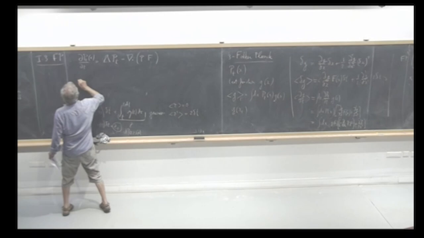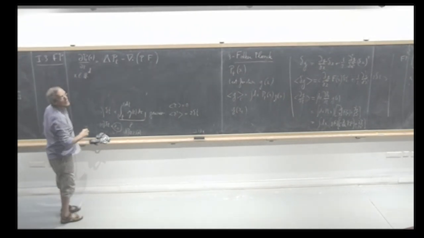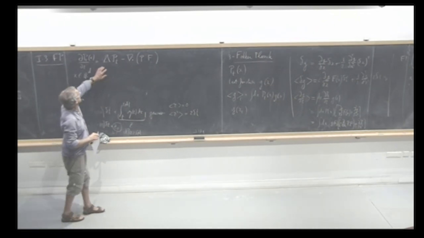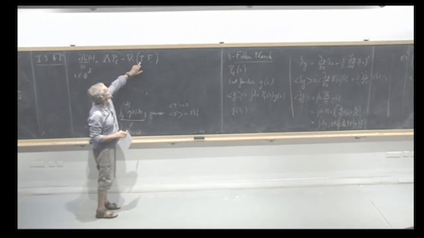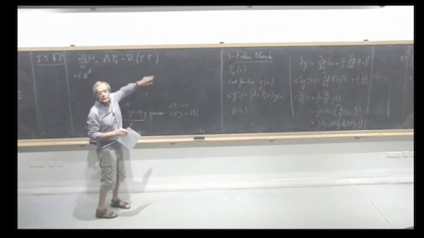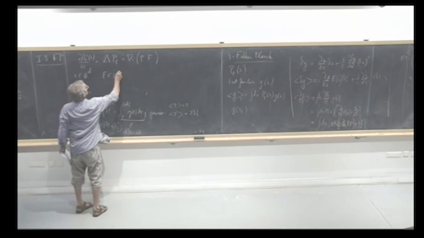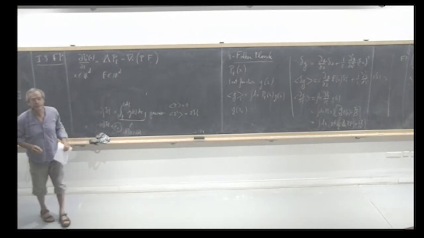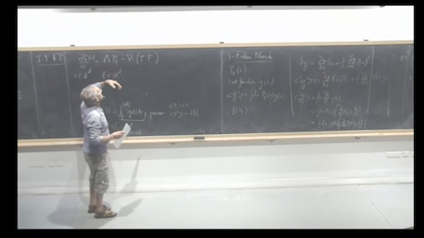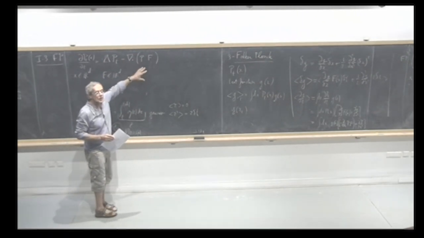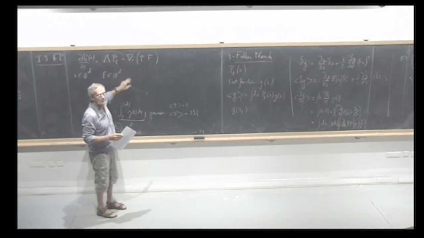So here I have generalized to the fact that x is a vector in r to the d. The second derivative becomes a Laplacian, and this is the divergence of the probability times the force. The force is also a vector in r to the d. You have to infer from the object that this is a scalar, this is a vector, this is a divergence. That's all.